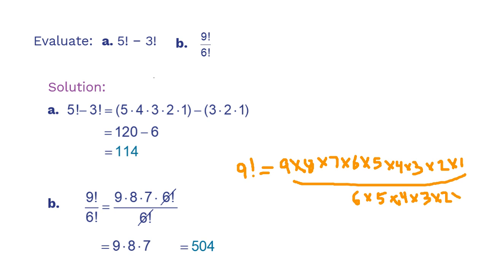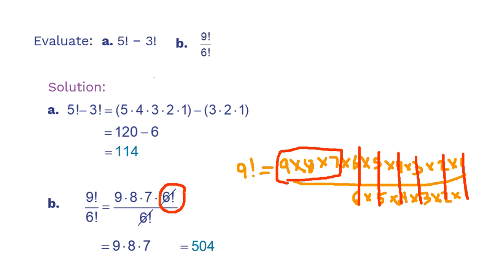Okay, so what happens is now we can see that the 6 divided by 6 is 1, 5 divided by 5 is 1, and this is the case for all of these numbers. So the only thing that's left is these right here. So instead of writing everything out, this is one way that we can kind of save some time. So from 6 to 1, this is the same as 6 factorial.